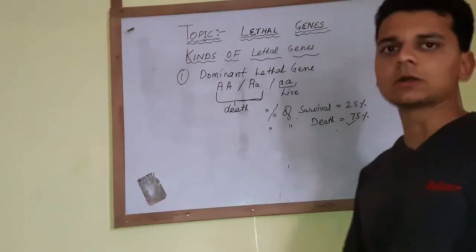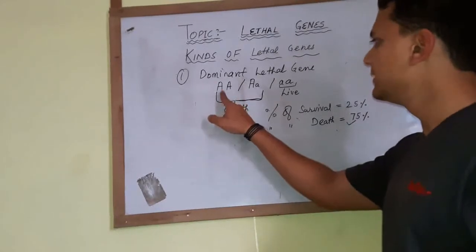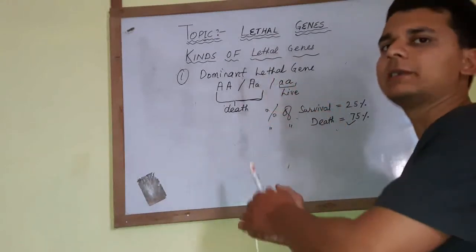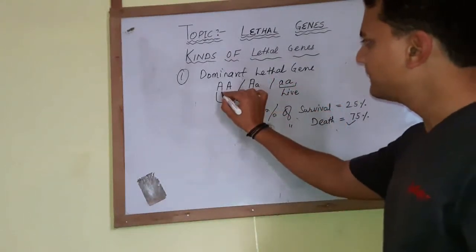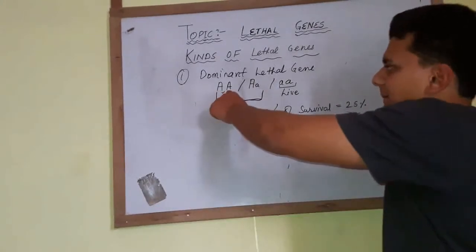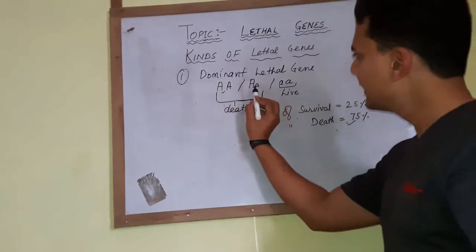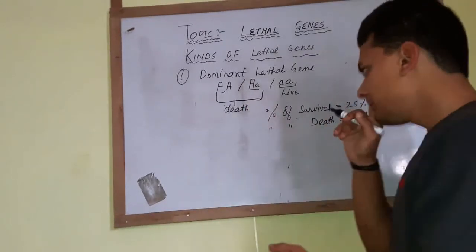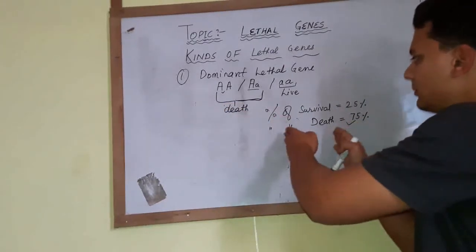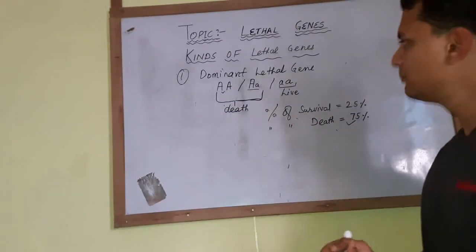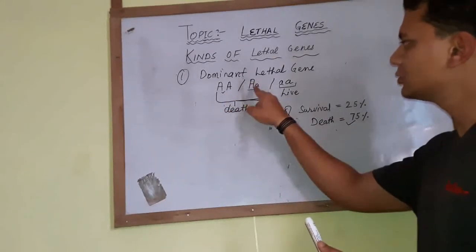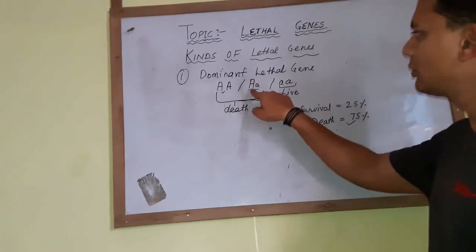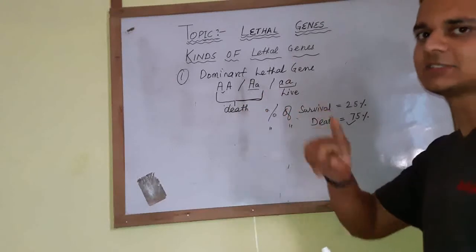Wherever we find the dominant, there is a chance that it will survive or die. In the pure dominant case it is very sure that it will die, but in the heterozygous case there is a little confusion whether it will die or not. But when we talk about the percentage of survival, we take both together. Wherever the dominant is, that will die, because here the quality of the dominant will be shown according to Mendel.